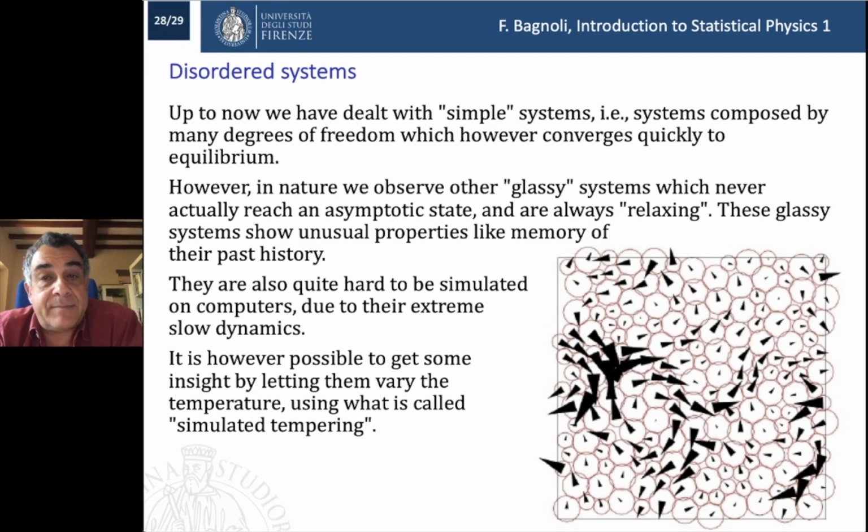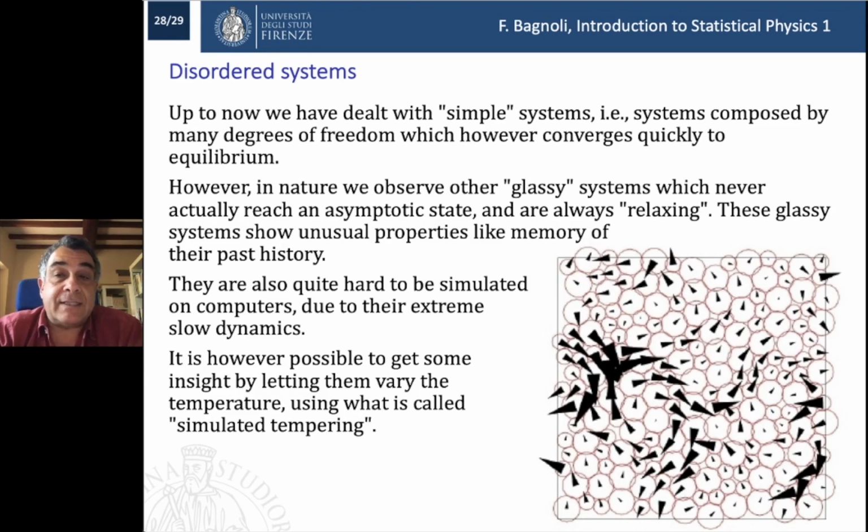And this method has also been used to study really complex systems, which are glassy systems, and glassy because they behave in some way as a glass, so they have a very slow relaxation time due to the fact that there are many minima of the potential very close to each other, very similar in energy. So finding the right valley and the global minimum is a very hard problem.